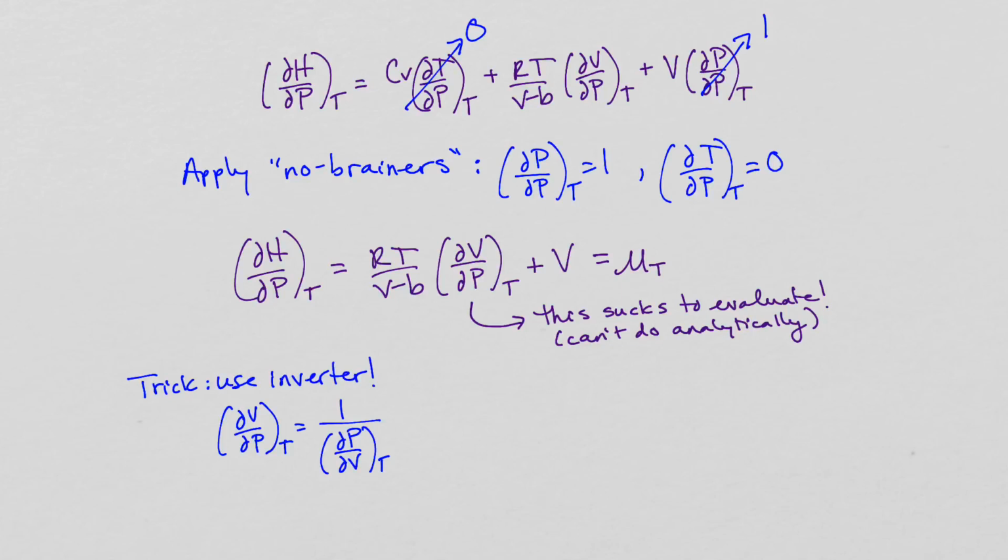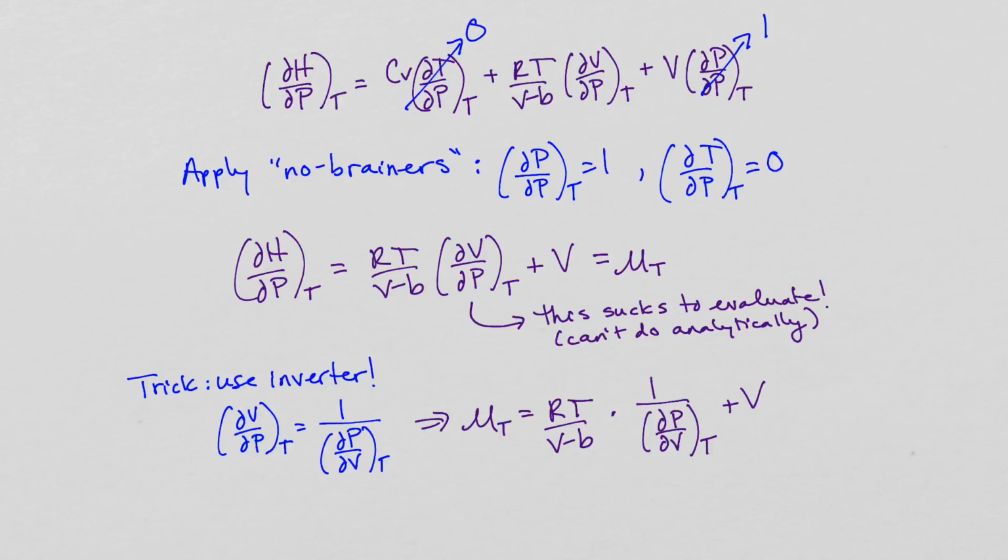That leaves us with a new expression for mu T of RT over V minus B times, again, just plugging in that inverter expression, plus V. So that just nicens it up a little bit into something that is easier for us to evaluate.